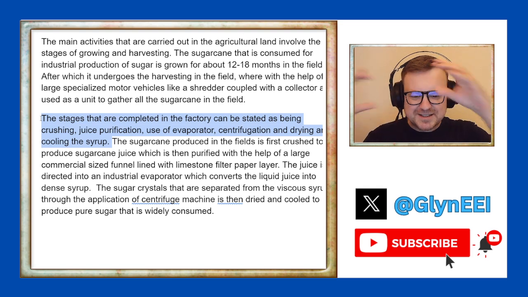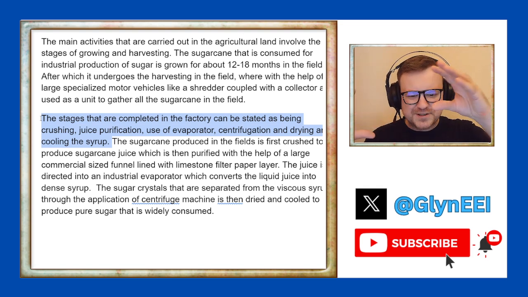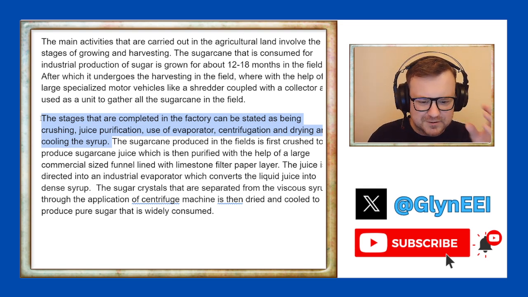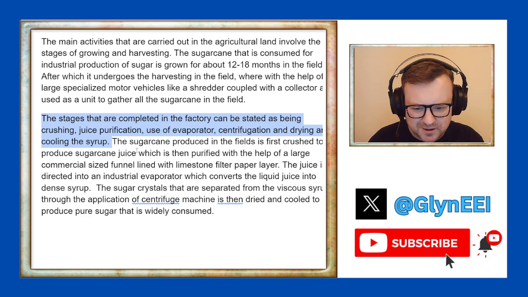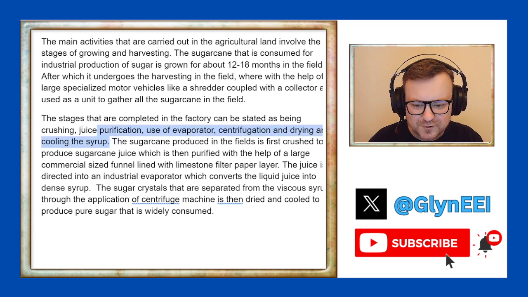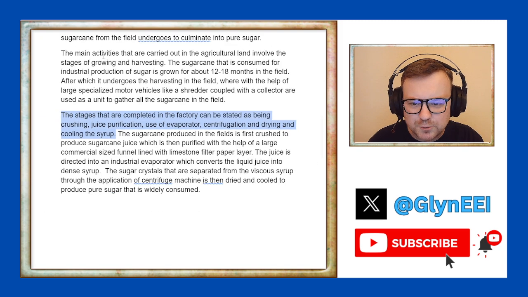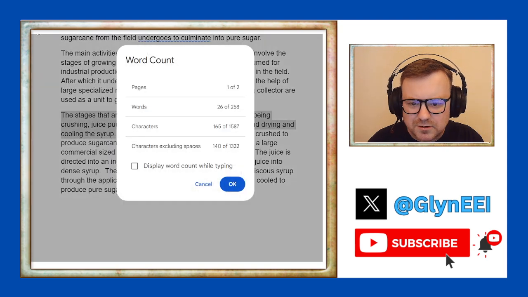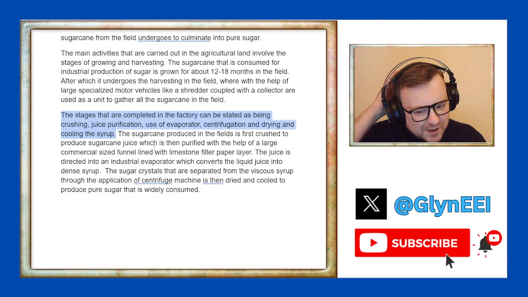We don't need to list all of the steps, and then start talking about the key steps. We could just start with this: the sugarcane produced in the fields is first crushed. I think that's fine. So all of this stuff, I think you can take out. How many words is that? That's 26 words that you could cut out. It's a bit of time that you could save.